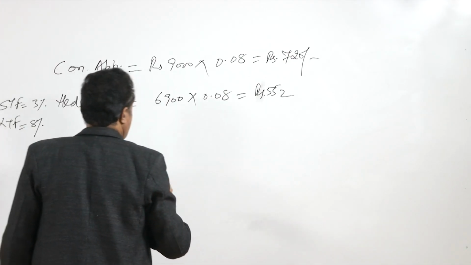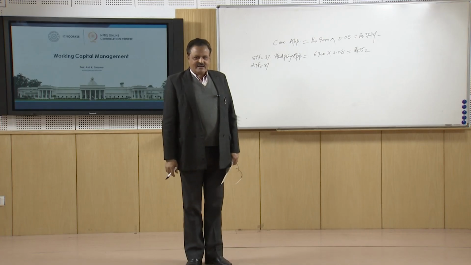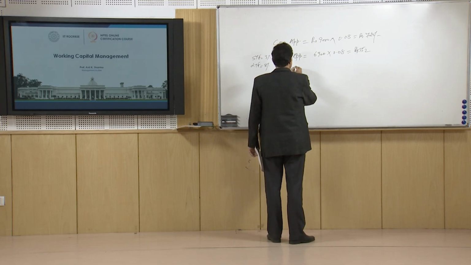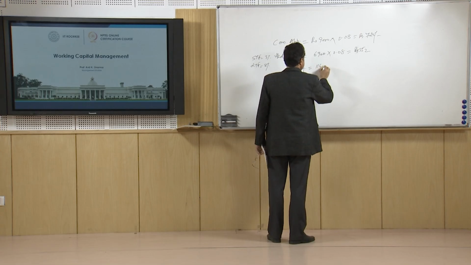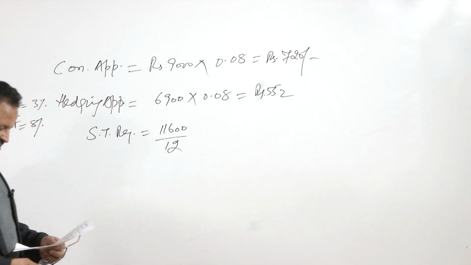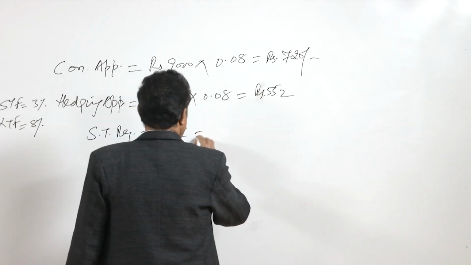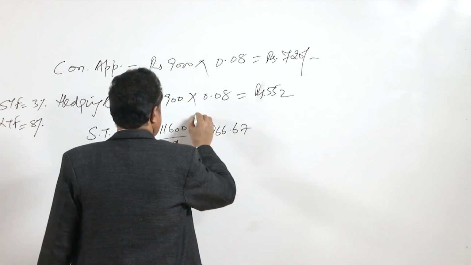Now the cost of the short term funds. We have to calculate the cost of short term funds. You have to find out now the average short term requirement. And what is the average short term requirement? Total short term requirement is 11,600 divided by 12. So how much is the average requirement? This works out as 966.67 rupees.